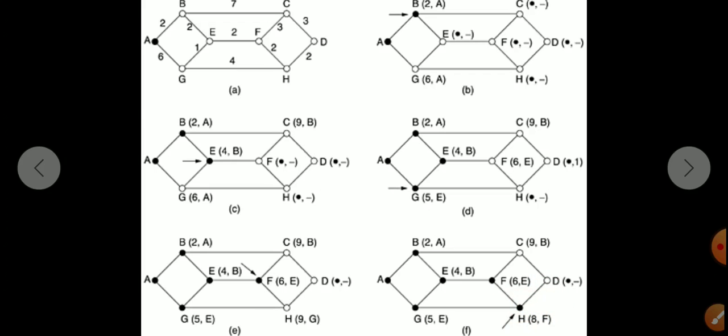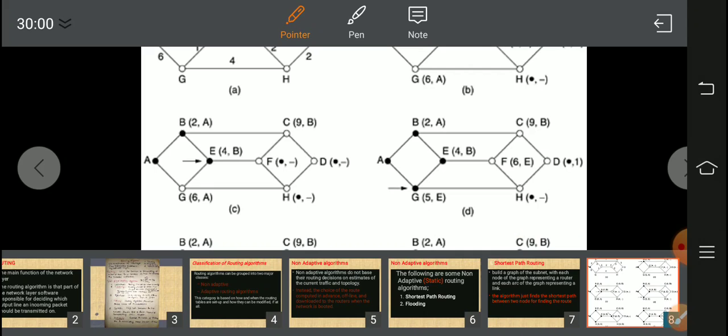Now you can verify from A in the same way. For C, you are getting 9 comma B directly: A to B is 2 and B to C is 7. So you are getting 9 comma B over here.